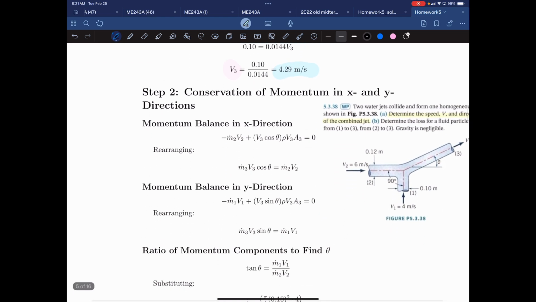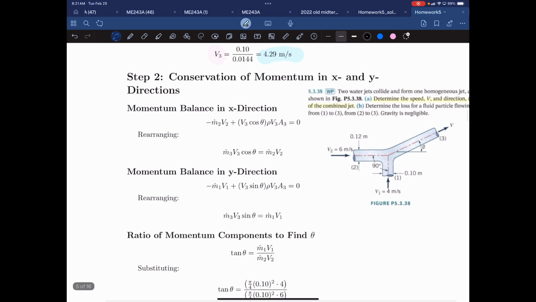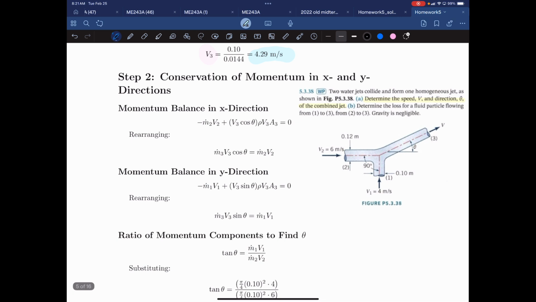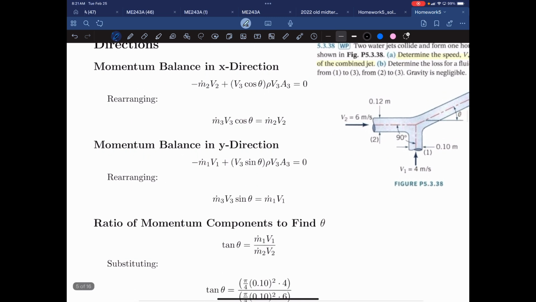Okay, so then that led us to solve the direction of the combined jet. We need to consider the conservation of momentum in the x and y directions. In the x direction we have this balanced equation, and in the y direction we have this equation.